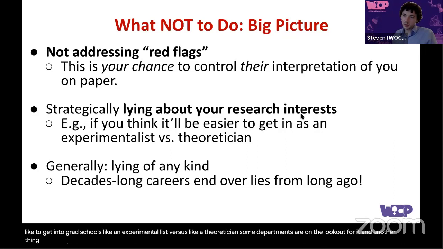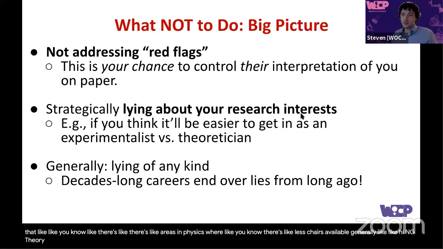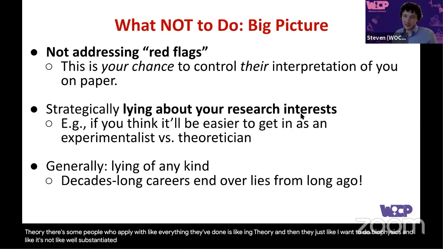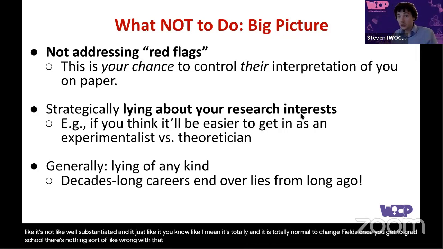And there are areas in physics, like high energy theory, where there are generally fewer chairs available. Some people apply with everything they've done being high energy theory, and then say, I want to do biophysics, and it's not well substantiated. It is totally normal to change fields once you get to grad school. There's nothing wrong with that.